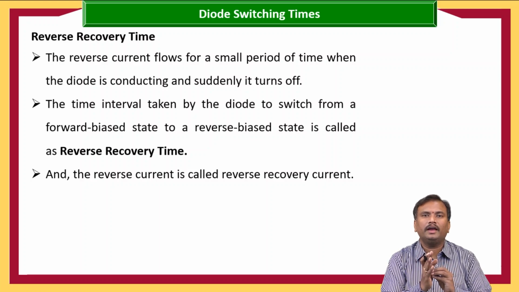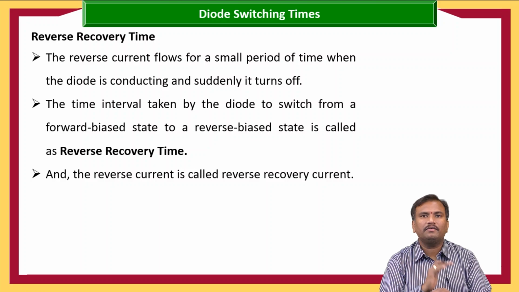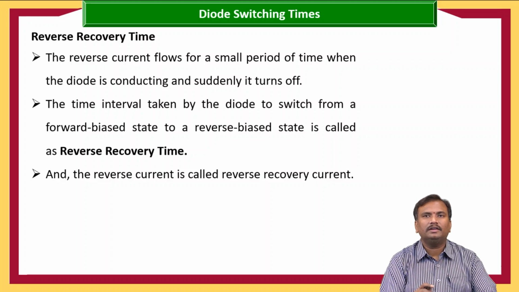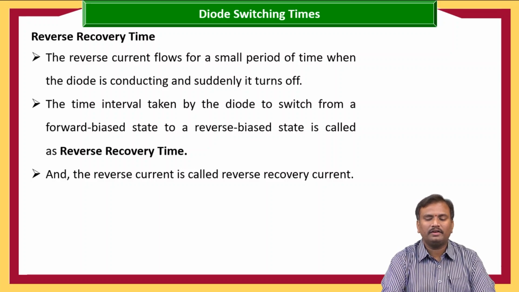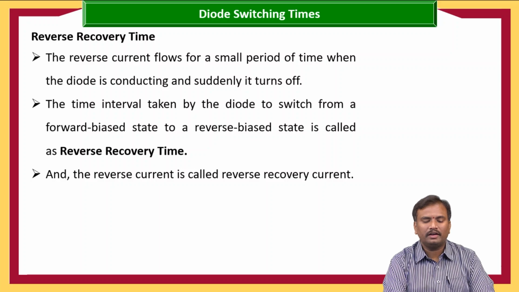When the diode is under switch on condition, that is forward bias condition, and it shifts to a reverse bias state, the time taken is called reverse recovery time. And the reverse current is called reverse recovery current.